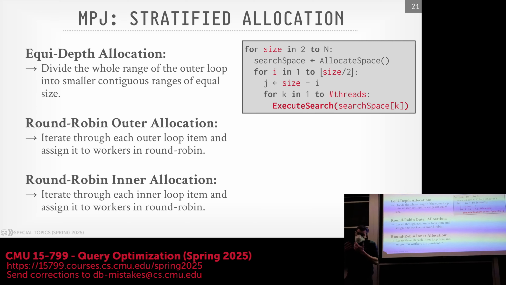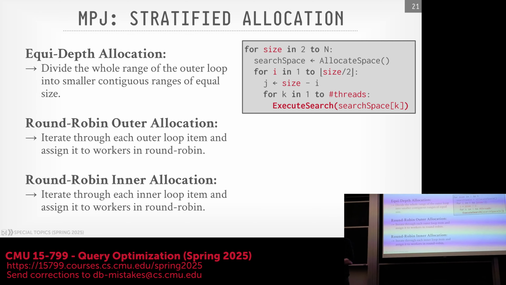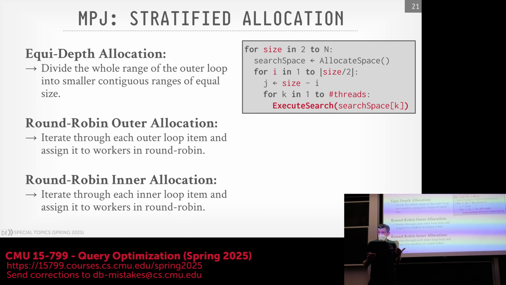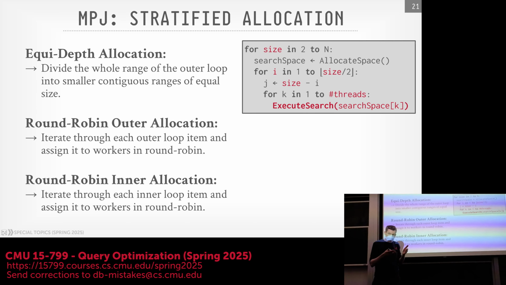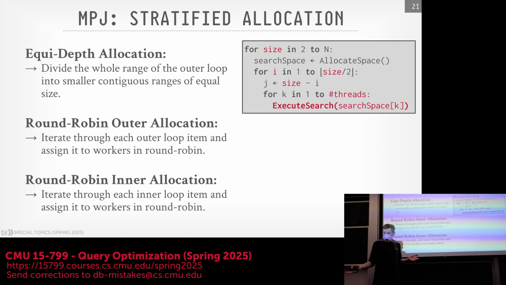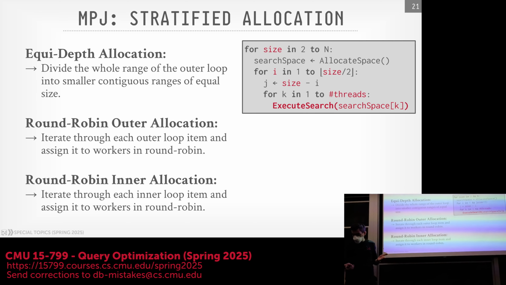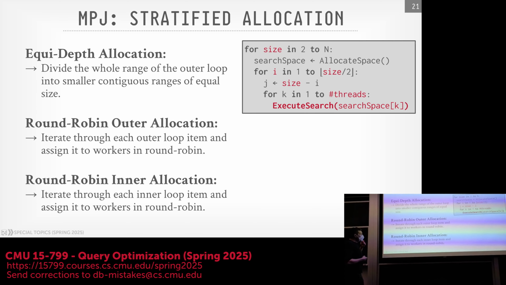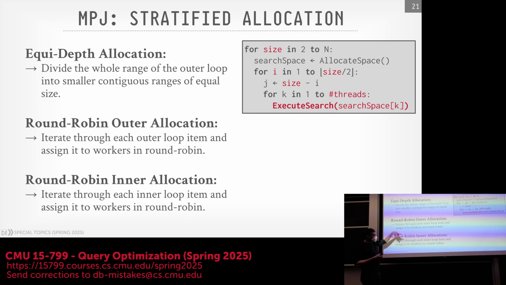Distributing the outer one actually turns out to be the best, because it works really well for star schemas and other queries that have skewed joins, since you're handing out the easy problems evenly amongst all the different workers, right? This one works well too, but it's a little more complicated to figure out in the calculation.